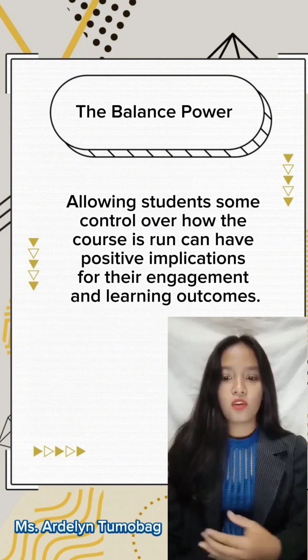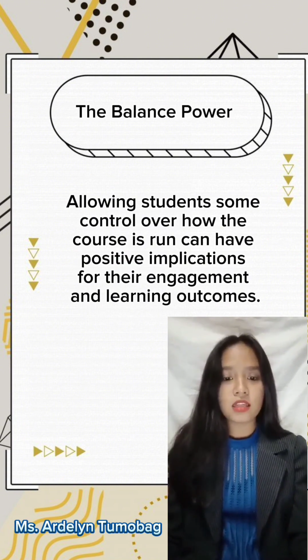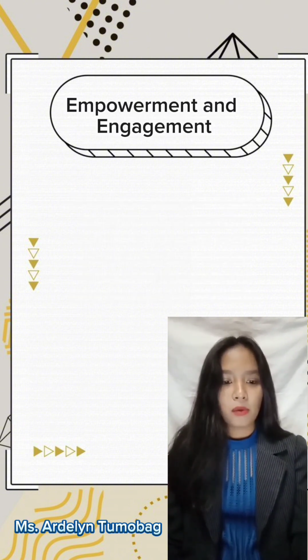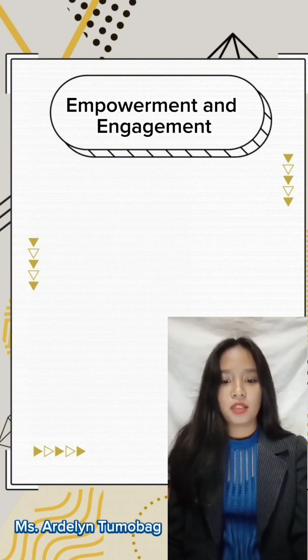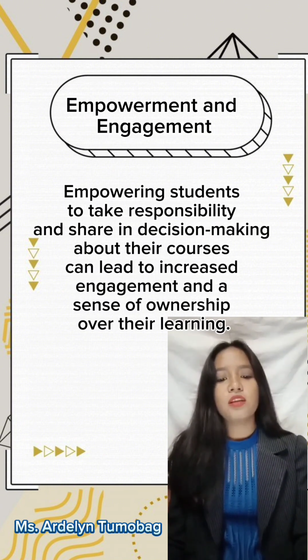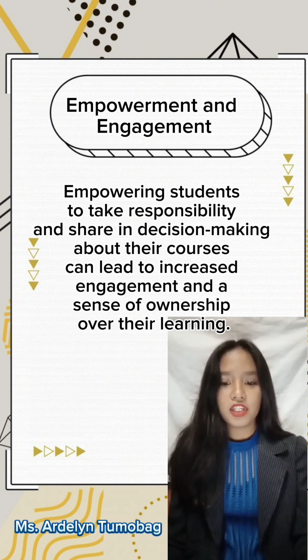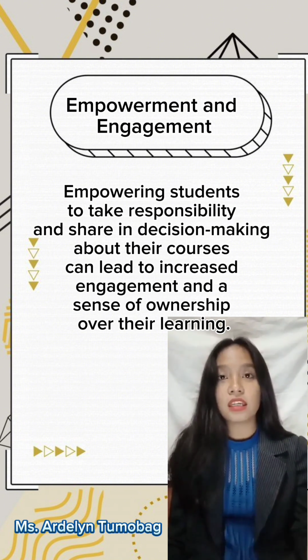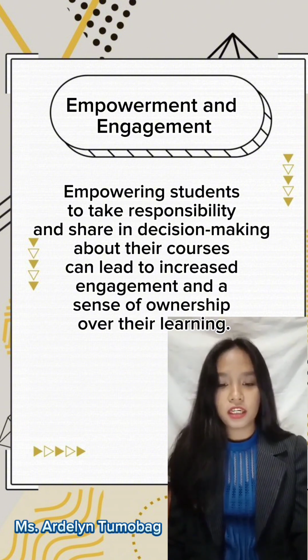Student control and course management: allowing students some control over how the course is run can have positive implications for their engagement and learning outcomes. Empowerment and engagement, learning-centered approaches: empowering students to take responsibility and share in decision-making about their courses can lead to increased engagement and a sense of ownership over their learning.